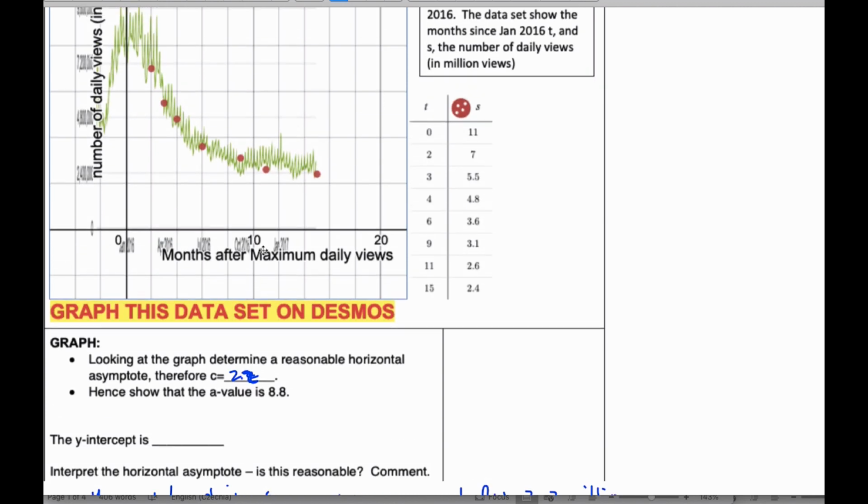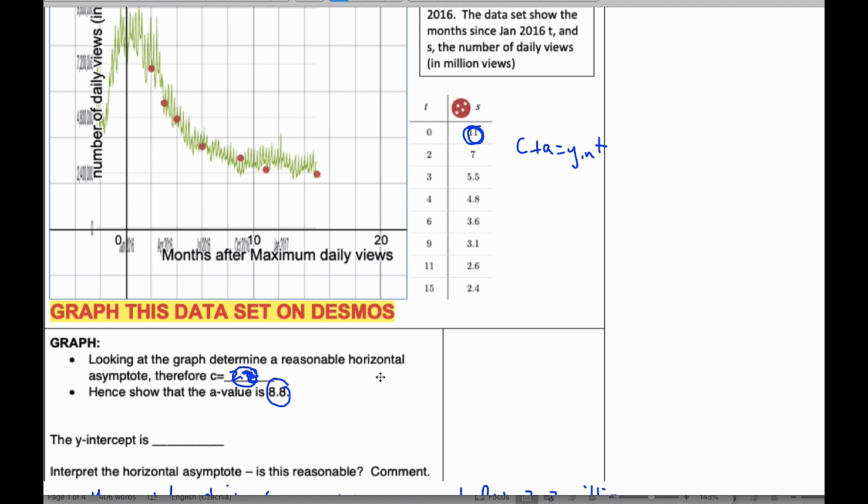Now I also know that the y-intercept, or S-intercept, of 11 consists of the asymptote, which we call C, plus A. So if my y-intercept is 11 and my asymptote C is 2.2, then my A value is going to be 8.8.